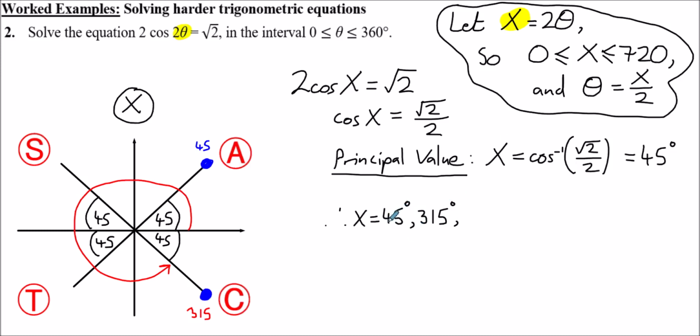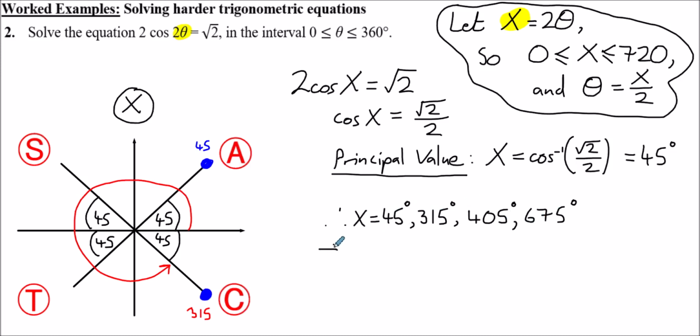So if we add 360 to 45, we then get 405, and add 360 onto 315, we get 675. Now we don't keep going, because if we add 360 onto 405, we get 765, which is outside the range, because 720 is our maximum. So these are the four values we need, so we can stop.